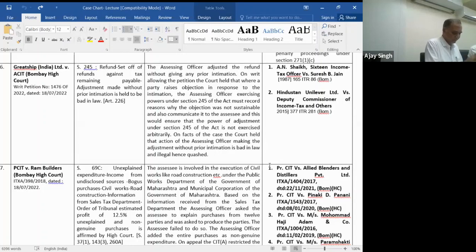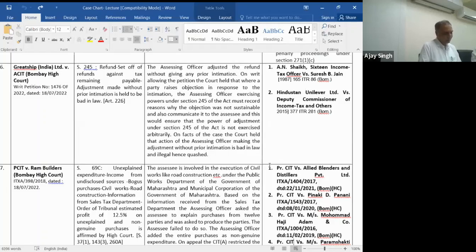So basically, it is a reconfirmation of the earlier position of law, but we have seen of late that in this new regime of faceless, where the communication between the assessee and the assessing officer or their representative is of late not available or not easily available, the refunds which are issued, again without intimation under Section 245, though the provision is so crystal clear and it requires no other interpretation, the officers, without giving any intimation, make the adjustment of the refunds and set off with the earlier payable tax, without even giving prior intimation to the assessee.